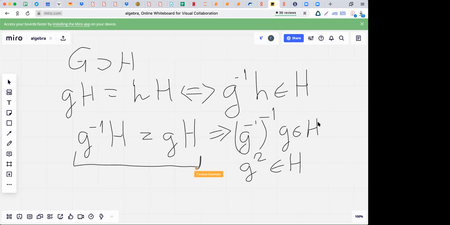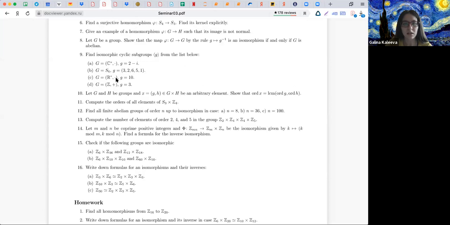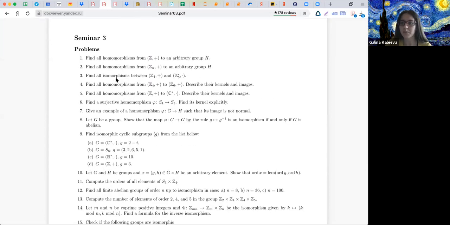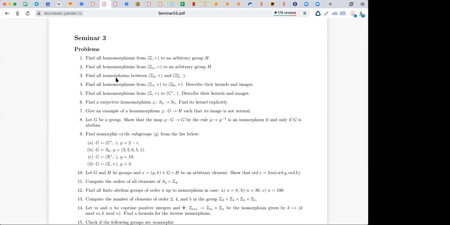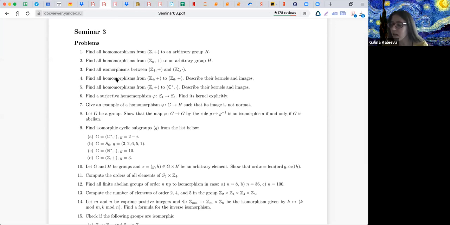So let's start solving our problems for today's class. Do you have the problems, the paper with them? It's on Wiki, usually. So, first of all, let's discuss homomorphisms from different groups to some other groups.